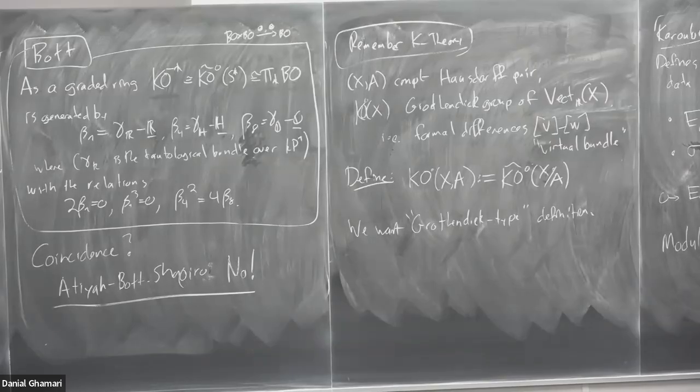We'll call this K for now; we don't know that it's K. In fact, any complex is equivalent, modulo these relations, to one of the set of data E0, E1, the sigma, and the isomorphism.